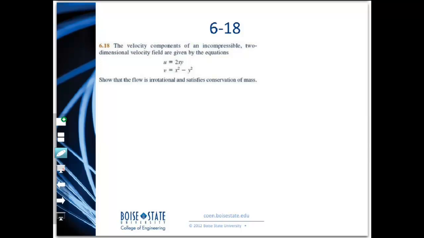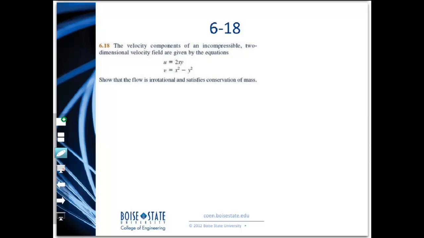Okay, now let's look at another problem. The velocity components of an incompressible two-dimensional velocity field are given by the equations u equals 2xy and v equals x square minus y square. You're asked to show that the flow is irrotational and satisfies conservation of mass.